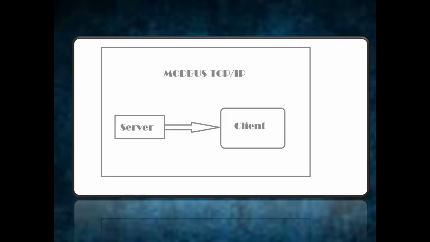In a Modbus TCP IP network, every device on the network is identified by IP. We have to give an IP address, default gateway, and all this information is required.